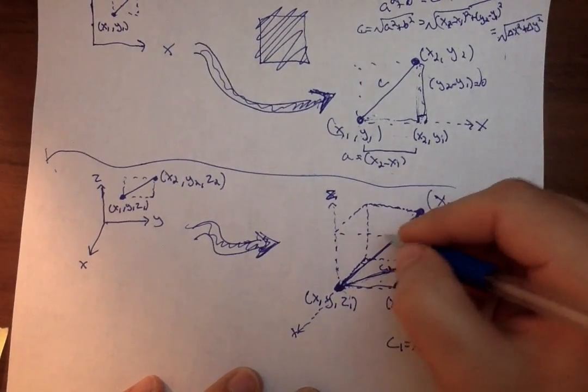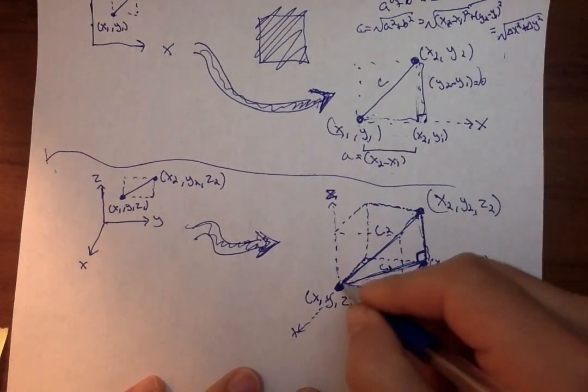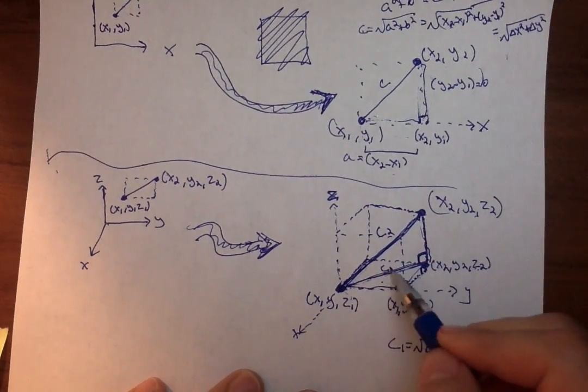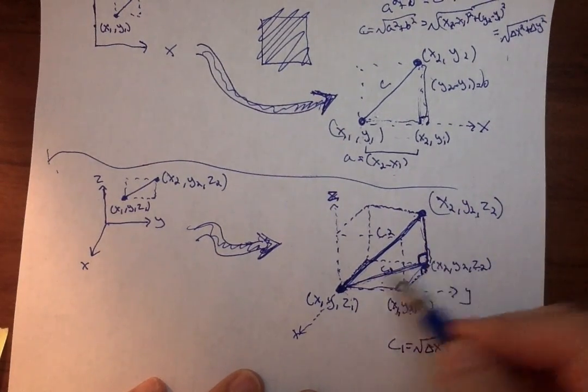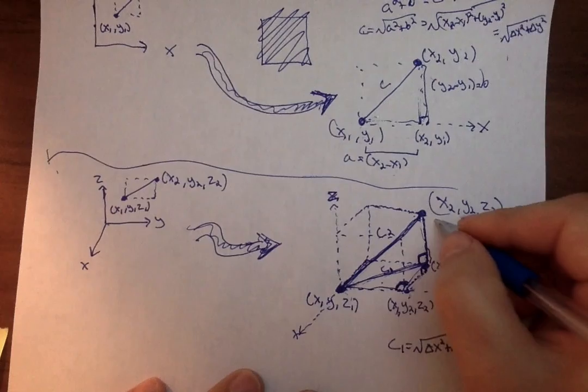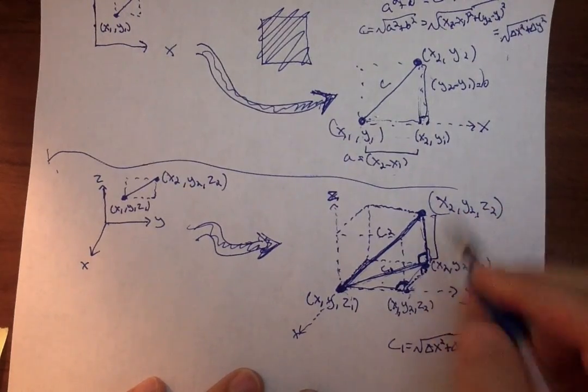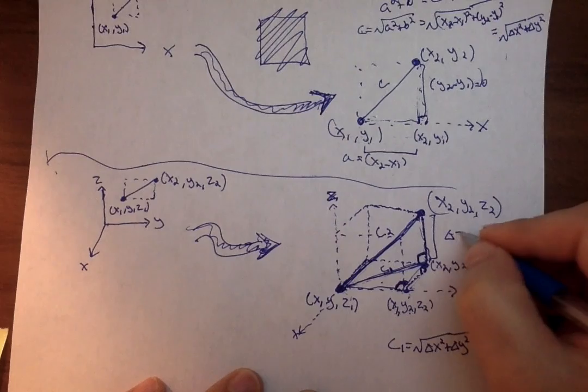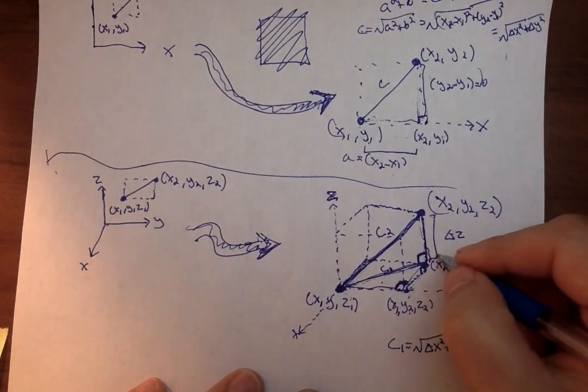What happens now is our final answer we want, I'm going to call this C2. And what we see now is that C1 is just another leg of this right triangle. This here is going to be the change in z. So this distance is the change in z.